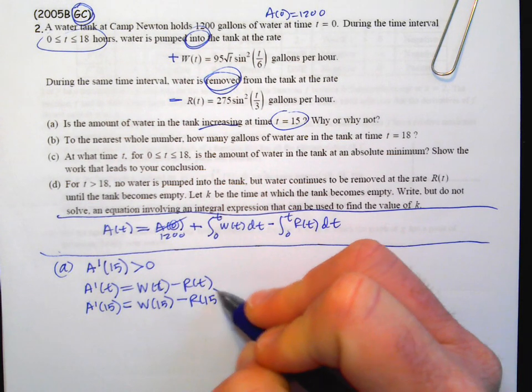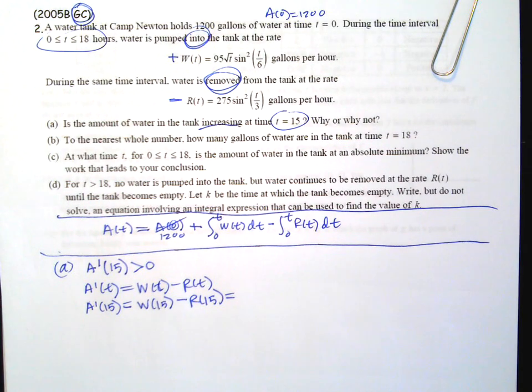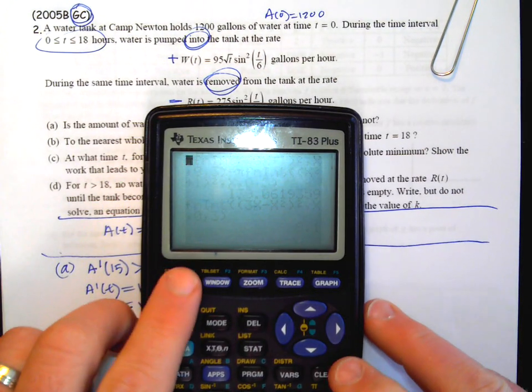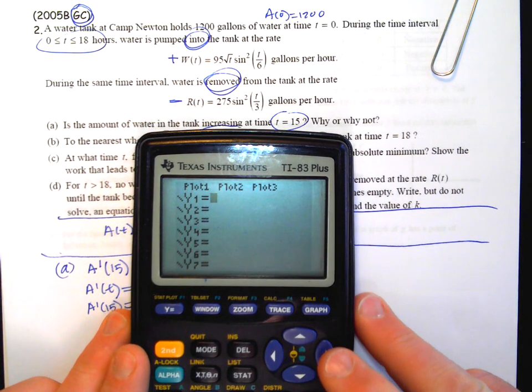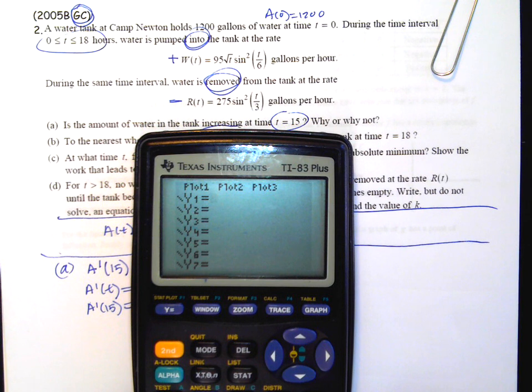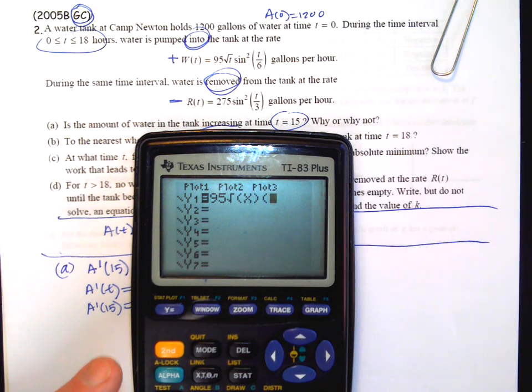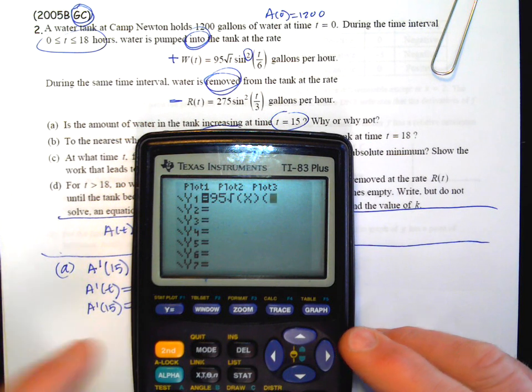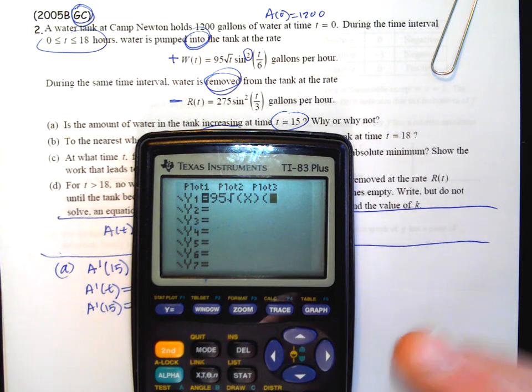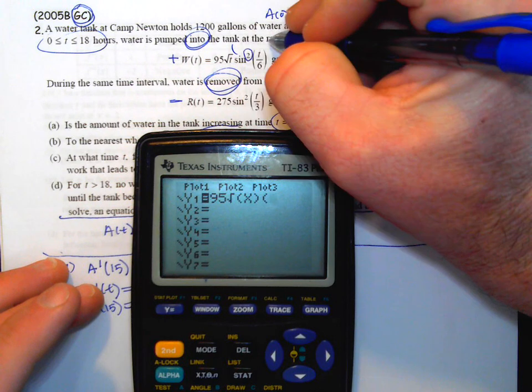Now I'm going to get these values from my calculator. Before I do anything else, I have a feeling I'm going to be using these equations multiple times, and they're pretty crazy looking. So I think it's definitely worth it to type them in. 95 square root x, close parentheses and square root. I'm going to put parentheses around the sine because this is the lazy way of writing sine squared, which is the same thing as all of that squared.